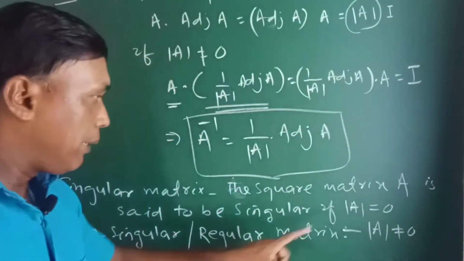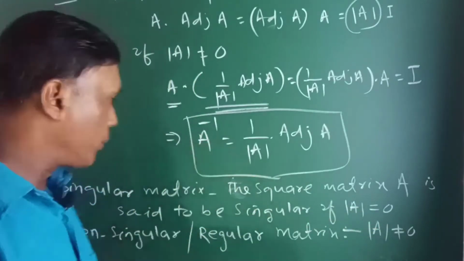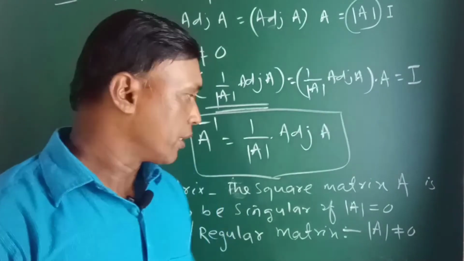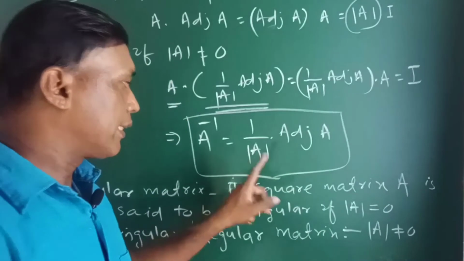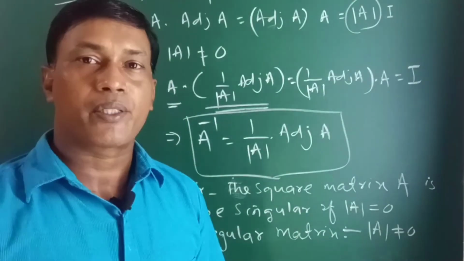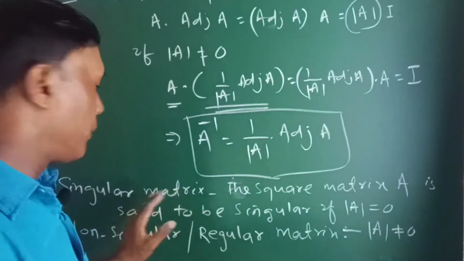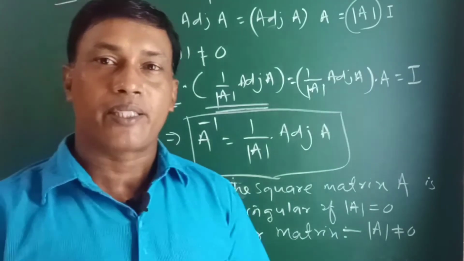So if the determinant is 0, then the inverse doesn't exist. So the inverse of a singular matrix doesn't exist. If the determinant is not 0, then the inverse exists. That means if the matrix is non-singular or regular, then the inverse exists. So if the matrix is singular, the inverse doesn't exist. If non-singular, the inverse exists.